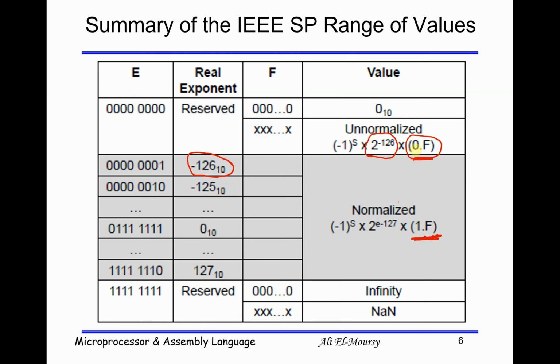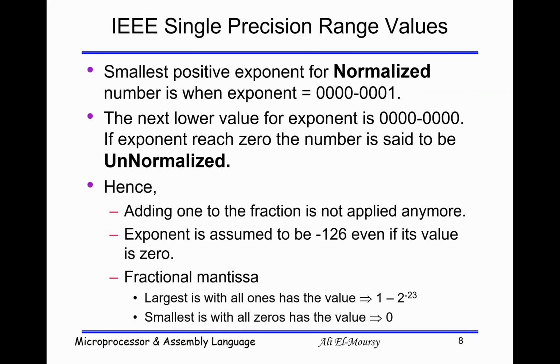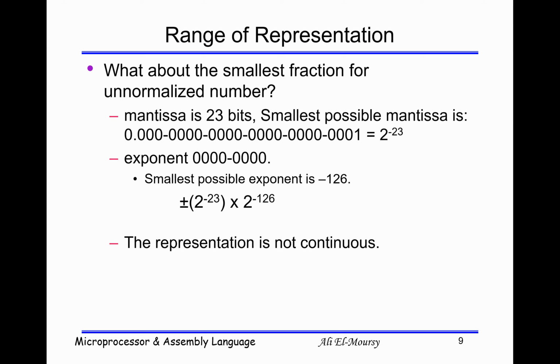So if I take those two together, I can conclude that the smallest unnormalized number is given by this equation. The smallest exponent is 2 to the power minus 126, as we just indicated in the table.